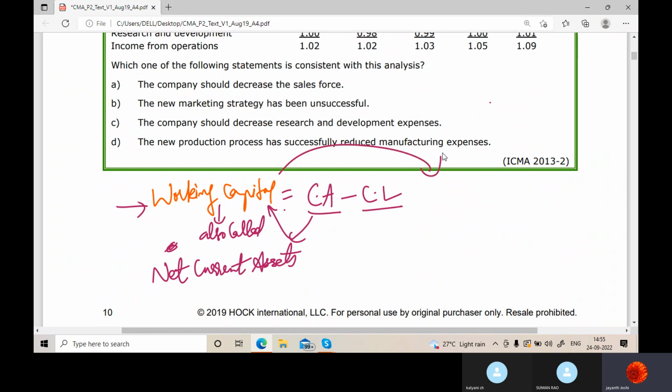Now, let's suppose there is a business. This business has some expenditures on a daily basis, like they hire labor for loading and unloading of goods.